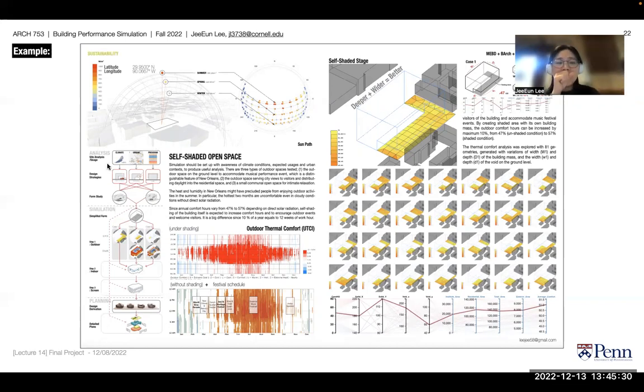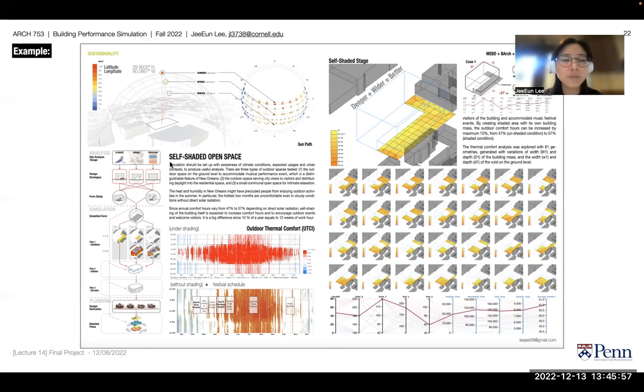I think there are a lot of people who are much better at building simulation than me, but the good thing about the EBD program is the integration between building performance simulation and the design process. So here I tried to deliver what the process is.